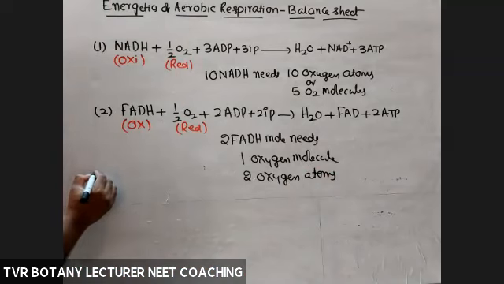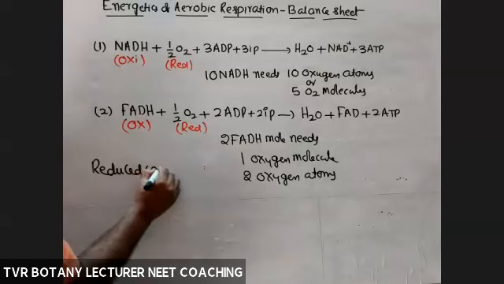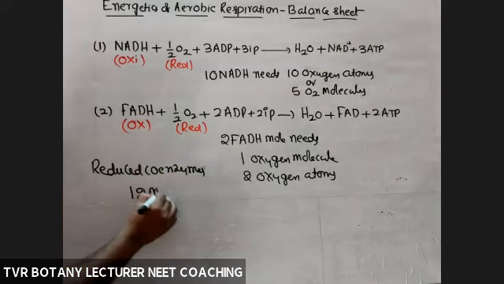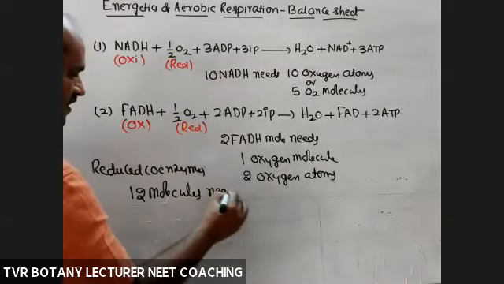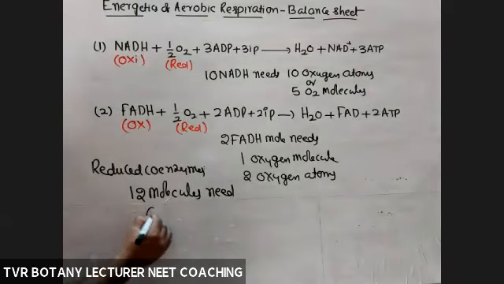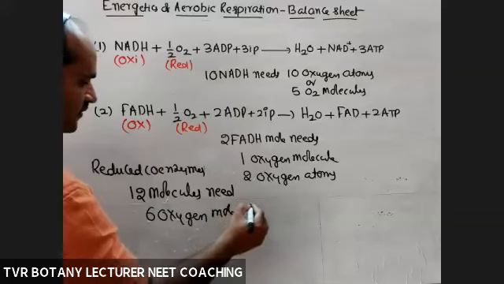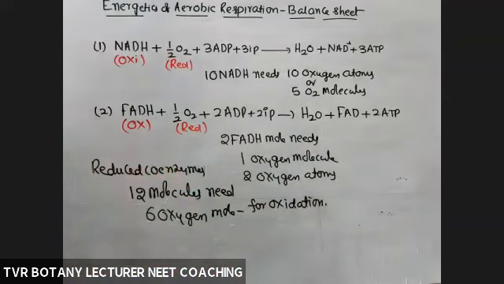So what about the total number of reduced coenzymes? 12 molecules. Need how many oxygen molecules? Need 6 oxygen molecules for oxidation. Notice this. Okay, any objection? Is it clear?